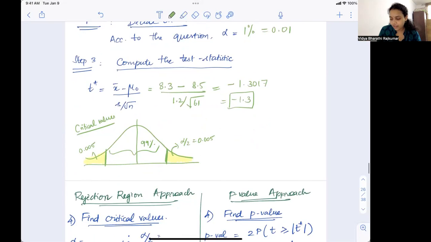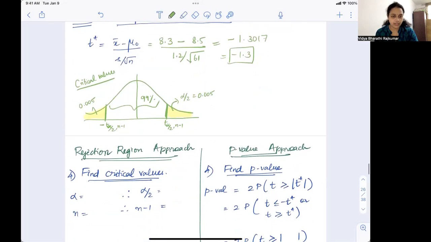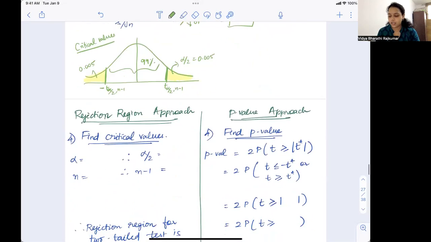So we have to find a t alpha by 2 with n minus 1 degrees of freedom, such that the area to the right of that point is 0.005. And once you find that point, we know what the corresponding point here will be. It will just be the negative of that. And I'm able to do that because of symmetry in the distribution. So let's go ahead and compute the critical values. So alpha is 0.01.